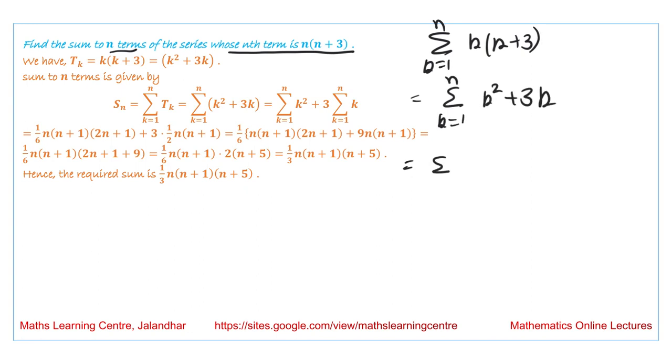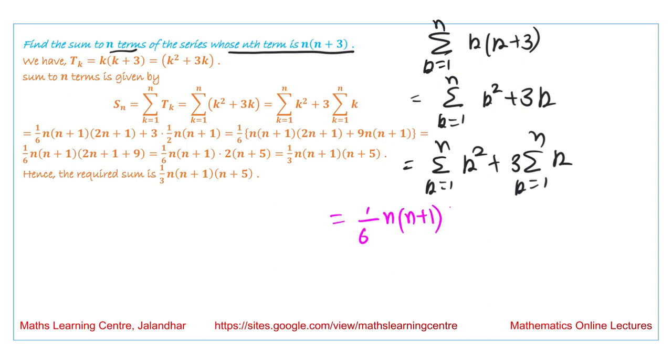So this is equal to sigma k is equal to 1 to n of k square plus sigma k is equal to 1 to n of 3 times k. Finite sum is there, so we can separate the sums and we can take this 3 common. So the values we have over here, the sum of the squares of the first n natural numbers, is 1 by 6 n into n plus 1 into 2n plus 1, and this is 3 by 2 n into n plus 1.